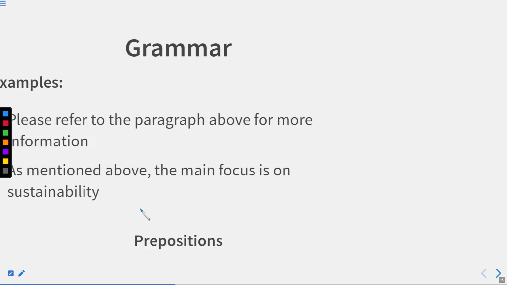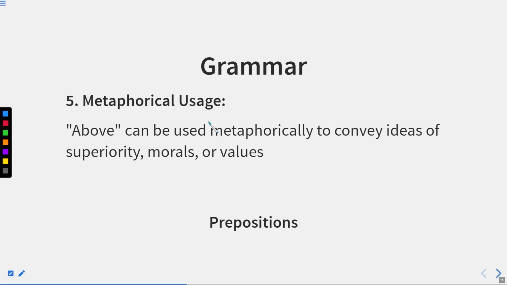Now let us move further. Metaphorical usage: above can be used metaphorically to convey ideas of superiority, morals, or values. If we want to show someone superior, we can also use the word above. For example, if I say my parents are above all, I'm showing that my parents are superior to me.